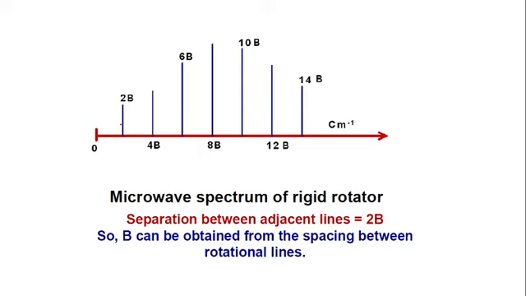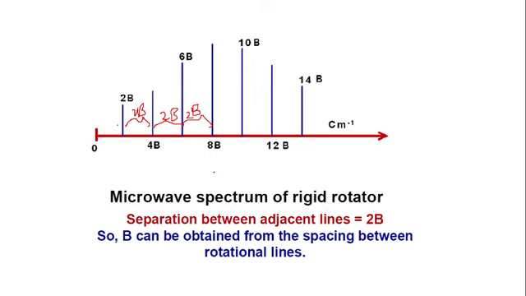And the separation between two adjacent lines is equal to what? 2b. Here this is also 2b. The spacing difference is 2b. All these spacing differences are what? 2b. That means you have to remember this. The separation between adjacent lines is always 2b. So b can be obtained from the spacing between the rotational lines.